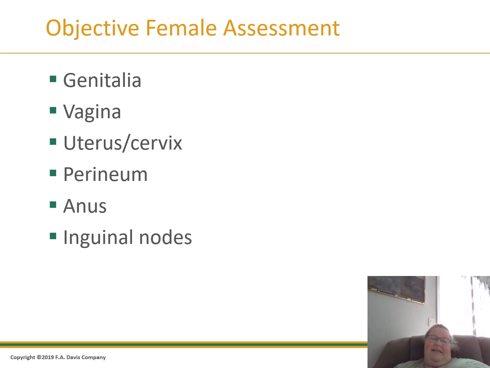The perineum is the space between the vagina and the anus, and if the woman's had children, it might be smaller, or there might be scarring or things like that to look at. The anus, is there any hemorrhoids? Is there any inflammation? Anything that's a significant difference? And the inguinal nodes are the nodes in the inguinal canal. They can palpate, but usually, unless there's a problem, we don't really look at those.